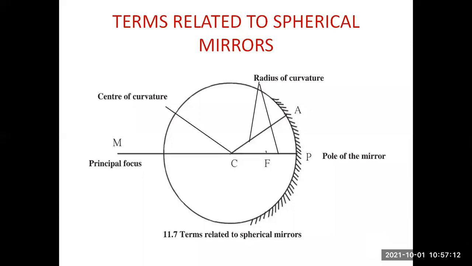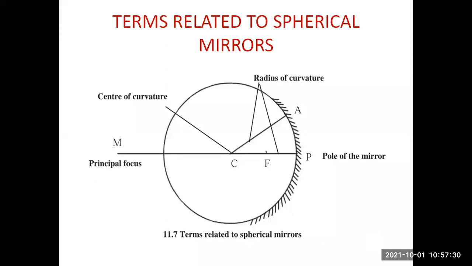Okay, CA and CP are the radius of curvature. Just compare this figure with your circle and you will be able to identify these notations very properly.